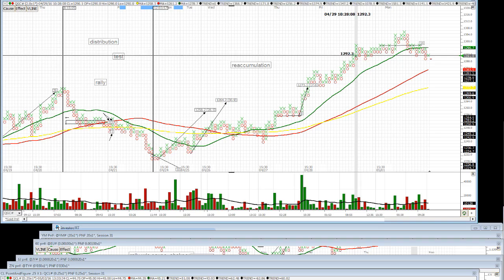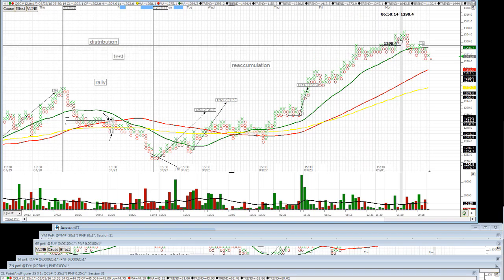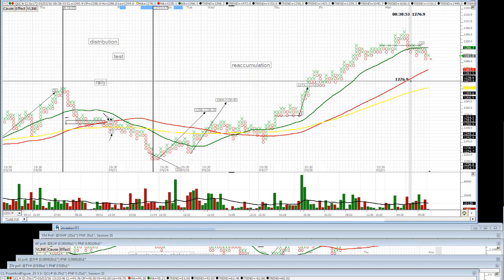So the next thing you want to do is look at the bar chart for untested levels, because if this is a counter trend, it'll just stop right at the untested levels, and a whole bunch of buyers will just come in and pick it up. It's a very strong trending market, so you have to watch out for untested levels. And if you're counter trending, it just doesn't pay off.